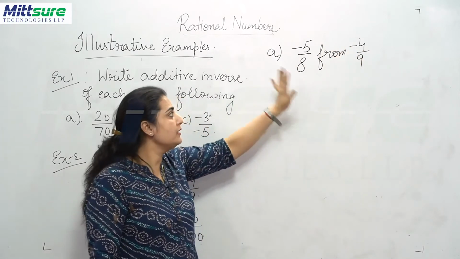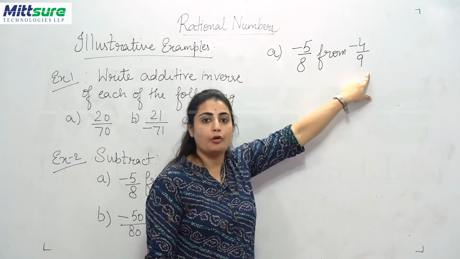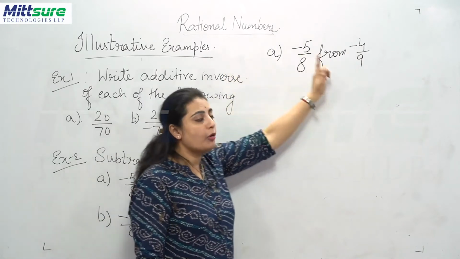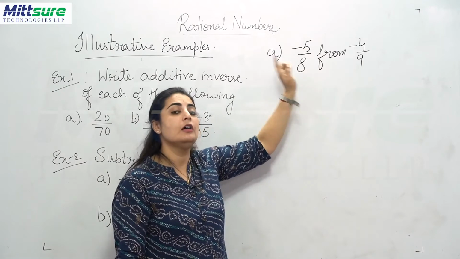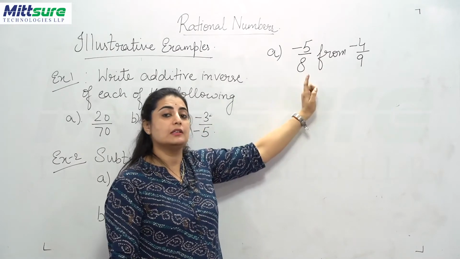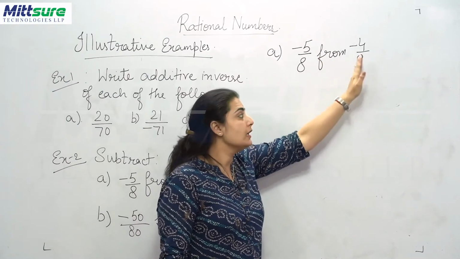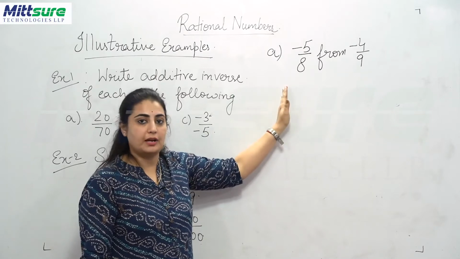So children, always keep in mind that whatever number is written after "from" will be placed first. I am again repeating, whatever number, maybe it's a rational number, maybe an integer, a fraction, or a whole number, whatever number is written after "from" is always placed first whenever we are doing the subtraction.